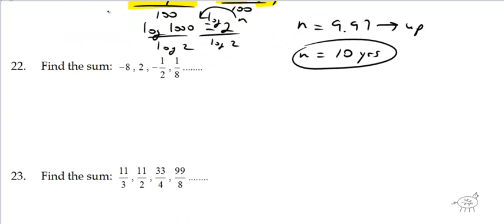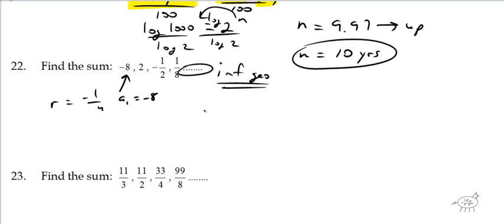All right, find the sum. Well, first of all, it's dot, dot, dot, so I know it's an infinite geometric series. So if I find my r value, it's 2 divided by -8, so r is -1/4. -1/2 divided by 2, still -1/4. And then a sub 1 is -8. So I want to find s sub infinity, right?